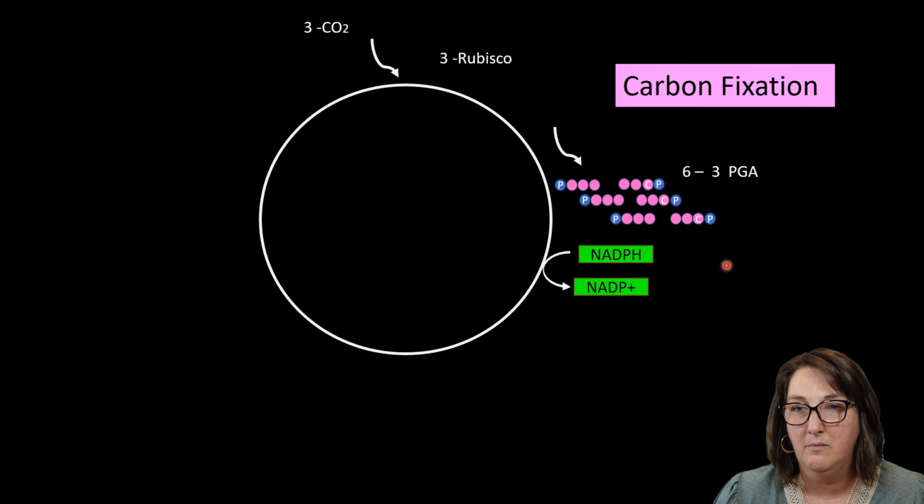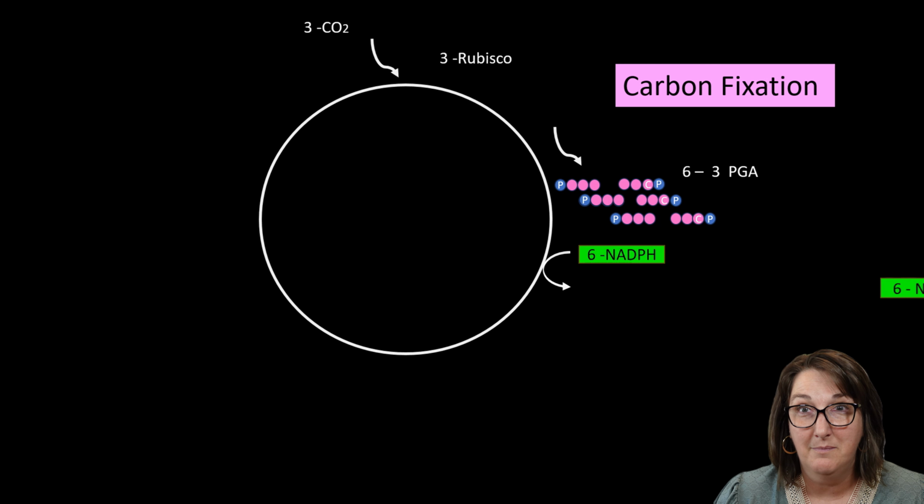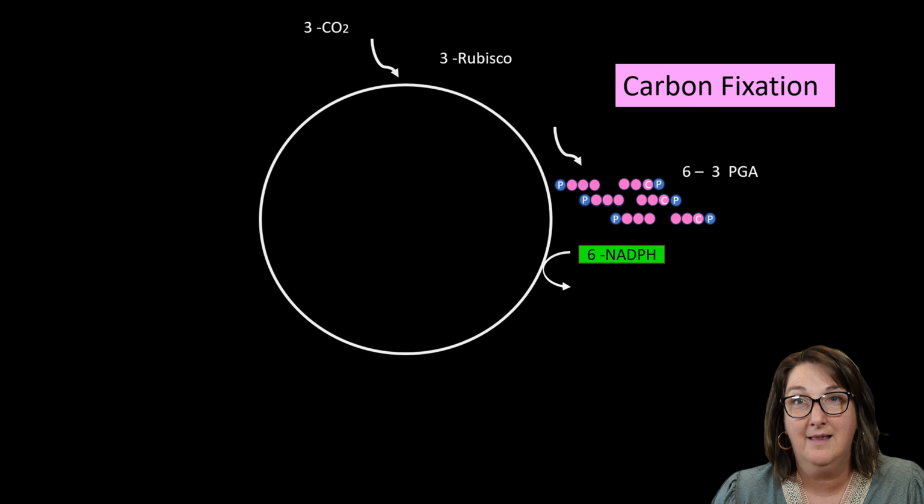So I need to put those on there. And when I do, I lose that hydrogen and those electrons, and I get turned back into NADP+. This is now going to go back to the light-dependent cycle, and I'm going to have hydrogens re-added to it. The taxi is going back to the light-dependent cycle to add stuff to it.